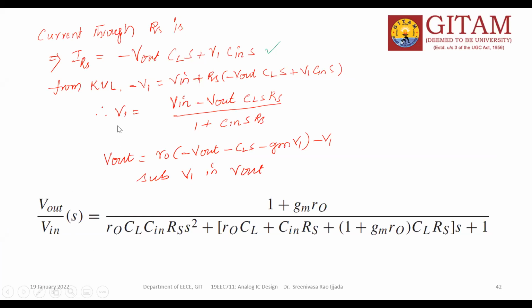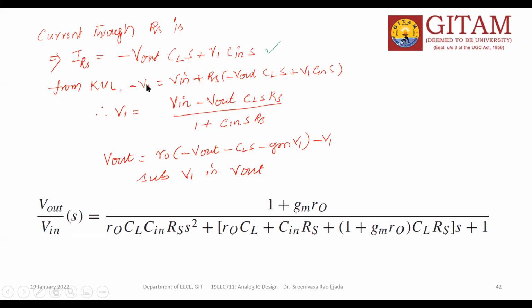Now substitute the IRS value here. Minus V1 is equal to V in plus RS multiplied with the IRS value, which is minus V out into CLS plus V in CNS. From this equation, separate the V in terms and other terms, and find the V1 value.